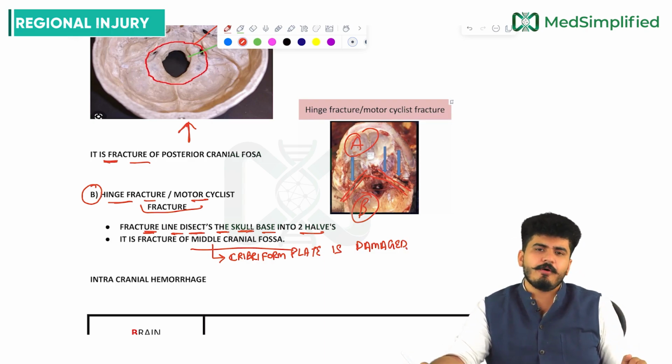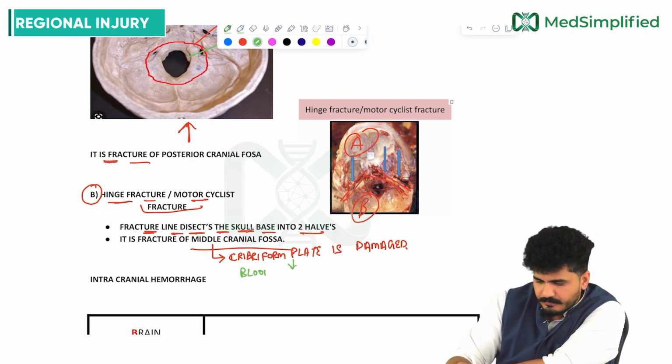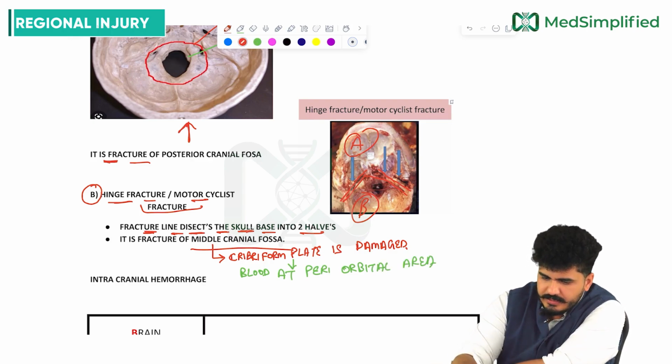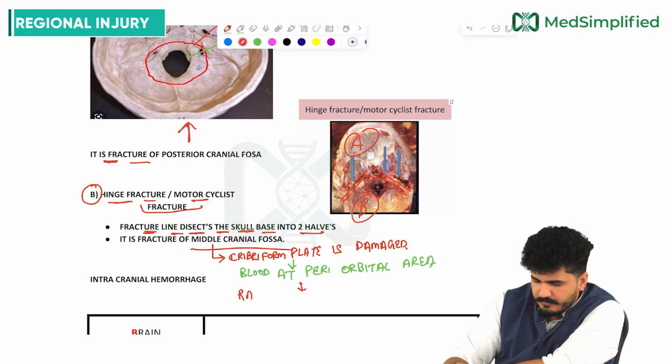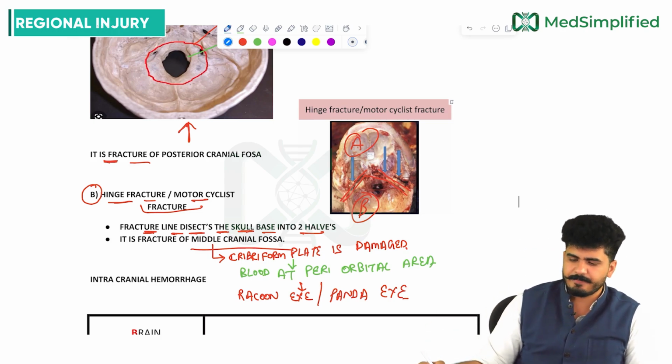Because the cribriform plate is damaged, there will be blood at the periorbital area, and this will lead to raccoon eye, which is also called panda eye. Raccoon eye or panda eye, the hinge fracture or motorcyclist fracture.